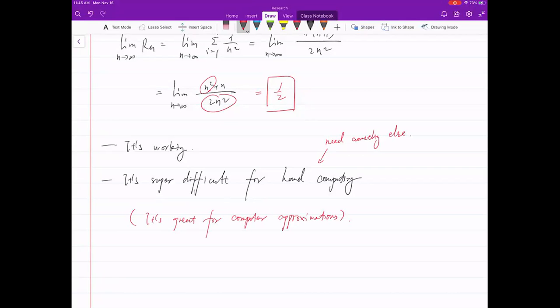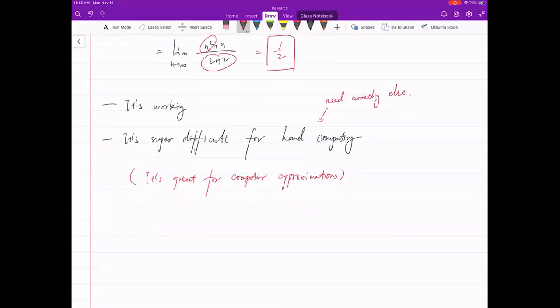You did everything here and received an answer, which is pi over 3. Why don't you just let the computer do the decimal? Maybe it's even better than pi over 3 because you don't even know what pi over 3 is. You still have to take the approximation, using 3.14 divided by 3. But remember, pi is not 3.14. Pi is 3.14 with many other decimals. So actually, in real life, using a computer is good enough. So the Riemann sum is still very useful, just not for humans.